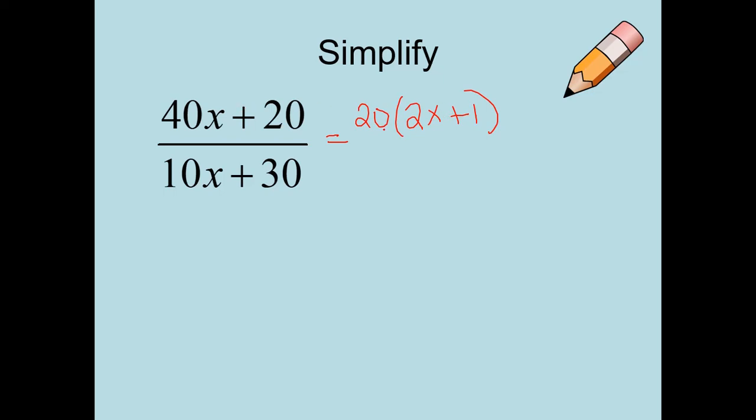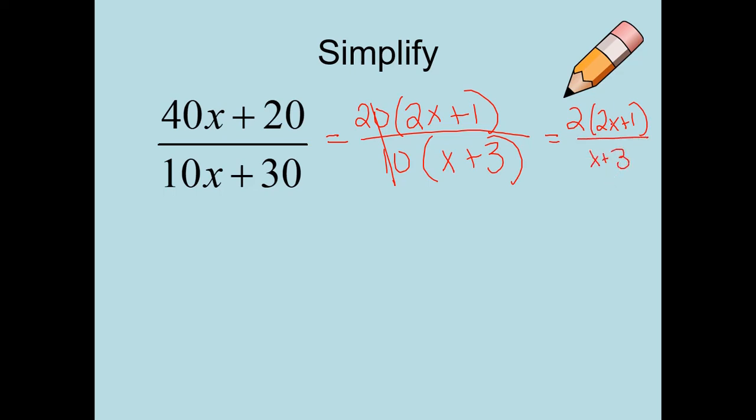That's what that is. Let's factor the bottom now. Looks like there's a 10 in common. So that'd be x plus 3. Okay, now what can I factor? Well, the 20 over the 10, right? That's technically a 2. So 2x plus 1 over x plus 3.